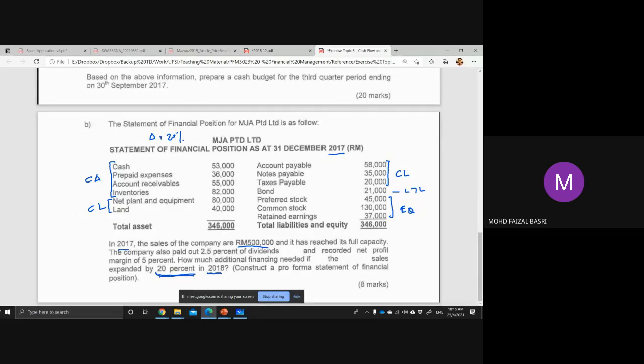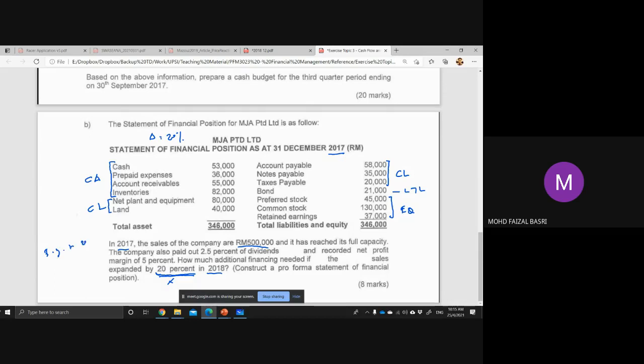But katakan dia tak bagi, they're gonna give you one additional information, which is the forecasted sales for 2018, the year yang kita nak calculate tu. So for example, katakanlah dia kata in 2018, the sales would be, I don't know, 750,000. Let's say sample je ni.